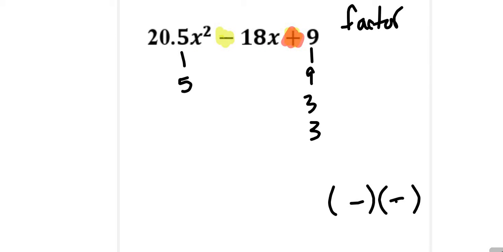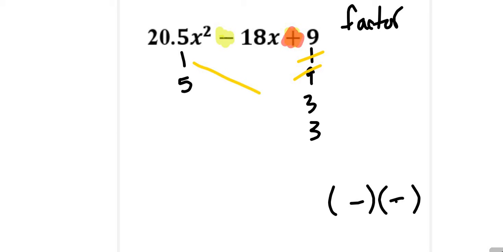If I go like this, 1 times 9 is 9, 5 times 1 is 5, and 5 plus 9 is 14. That doesn't work either. That doesn't give us 18. So we know that the 1 and the 9 cannot be factors here.